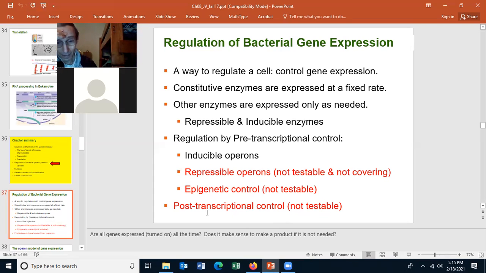There's also post-translational control, like you can take the enzyme and degrade it. But we're not going to talk about that from here on in this lesson. We're only going to talk about operons, and specifically inducible operons.